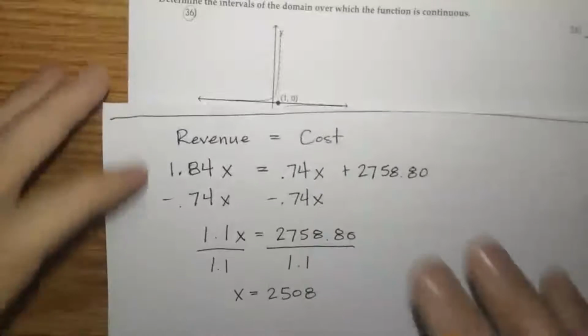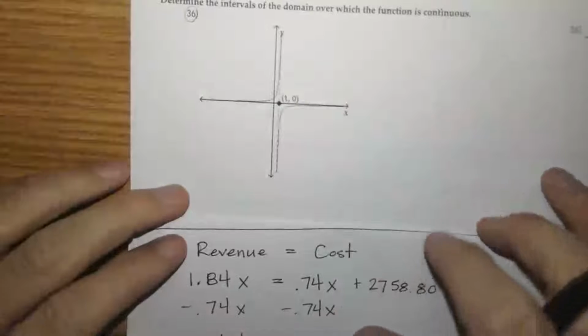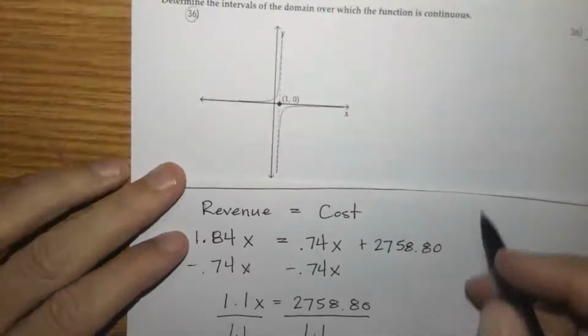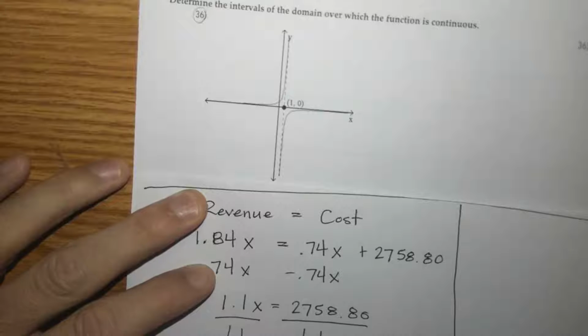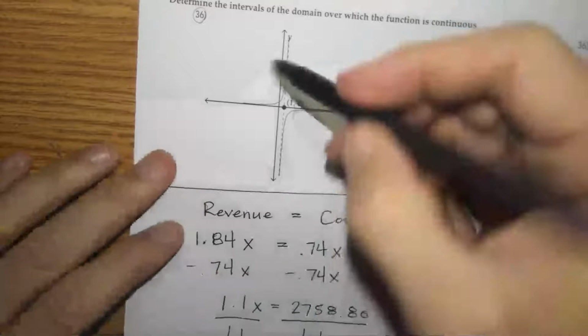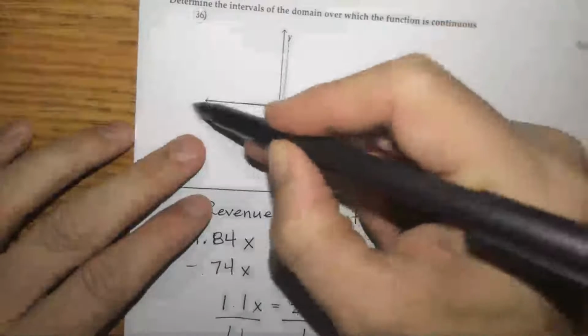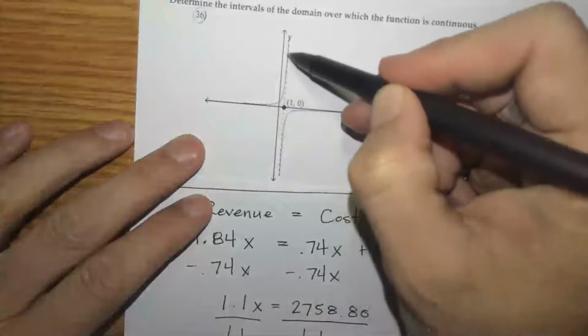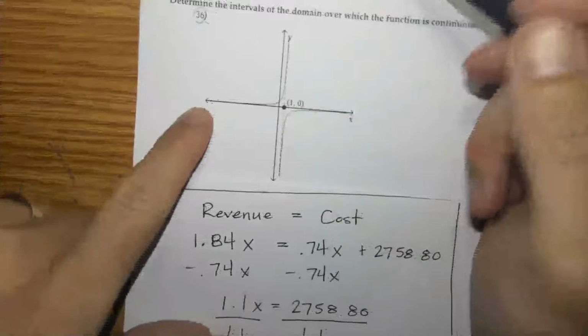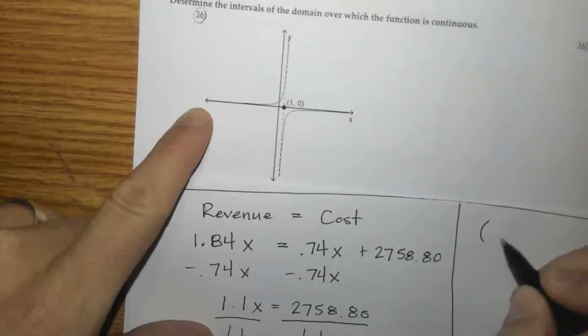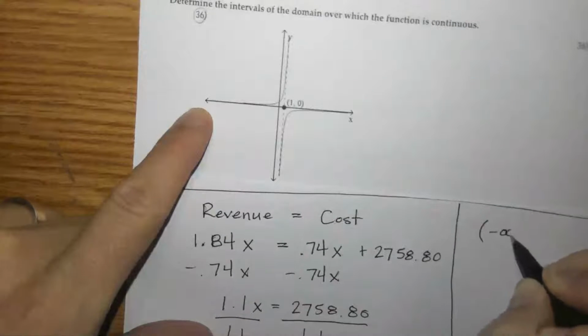Okay. This says determine the intervals of the domain over which the function is continuous. So you can tell that it's continuous because it keeps going in this direction and then it keeps going in this direction, right? So when it starts, it's going at negative infinity, right?